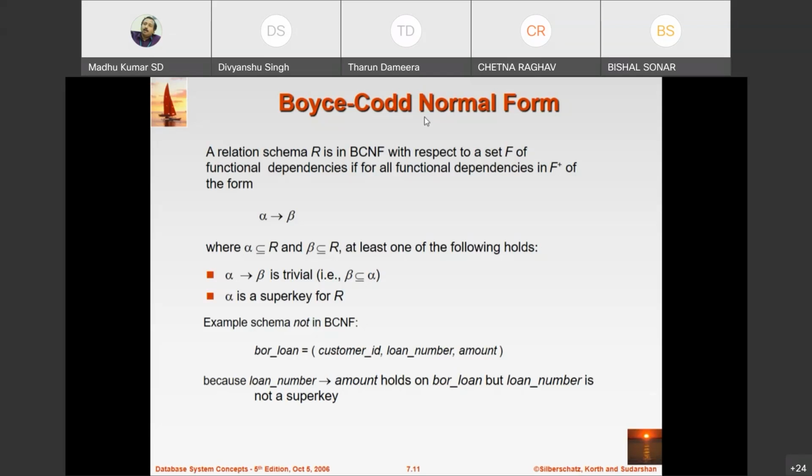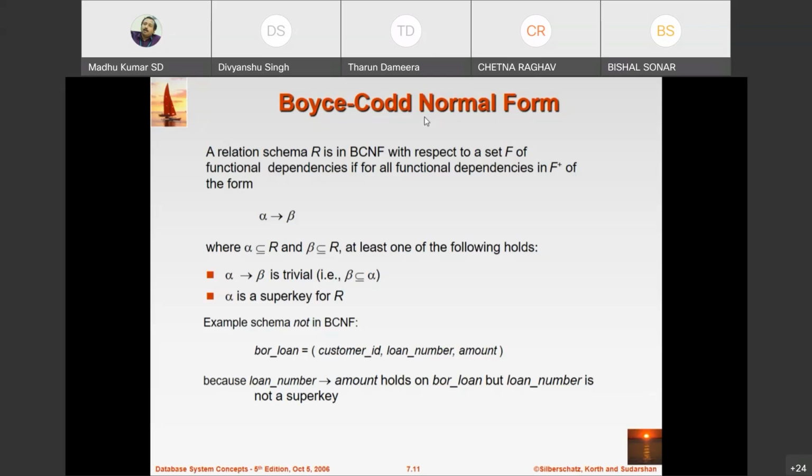The normal forms up to BCNF are defined based on FDs, the normal form 4NF is defined on the concept of multivalued dependency, and the normal form 5NF is defined based on a particular form of dependency which is called join dependency.